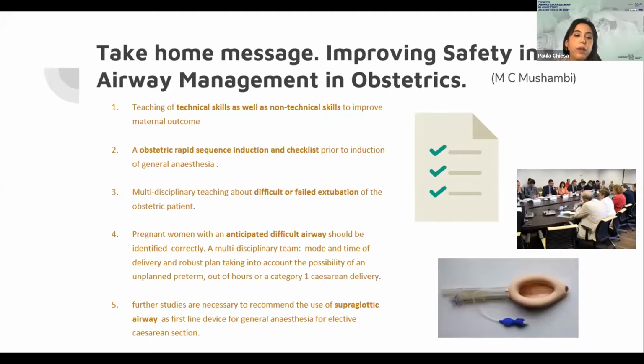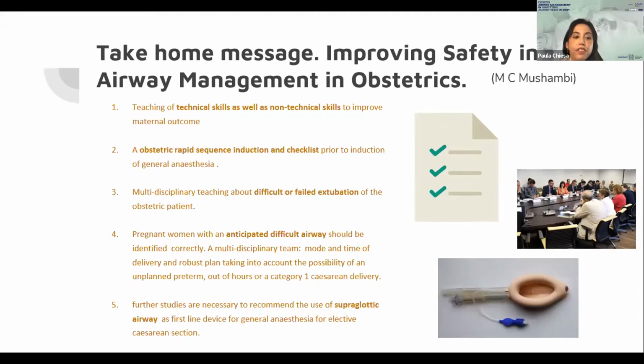In addition to teaching about difficult and failed intubation, there should also be time devoted to multidisciplinary teaching about difficult or failed extubation of the obstetric patient. Pregnant women with an anticipated difficult airway should be identified correctly and referred to multidisciplinary team discussion for decision about the mode and time of delivery, and a robust plan put in place which takes into account the possibility of an unplanned preterm, out of hours, or a category 1 cesarean delivery.